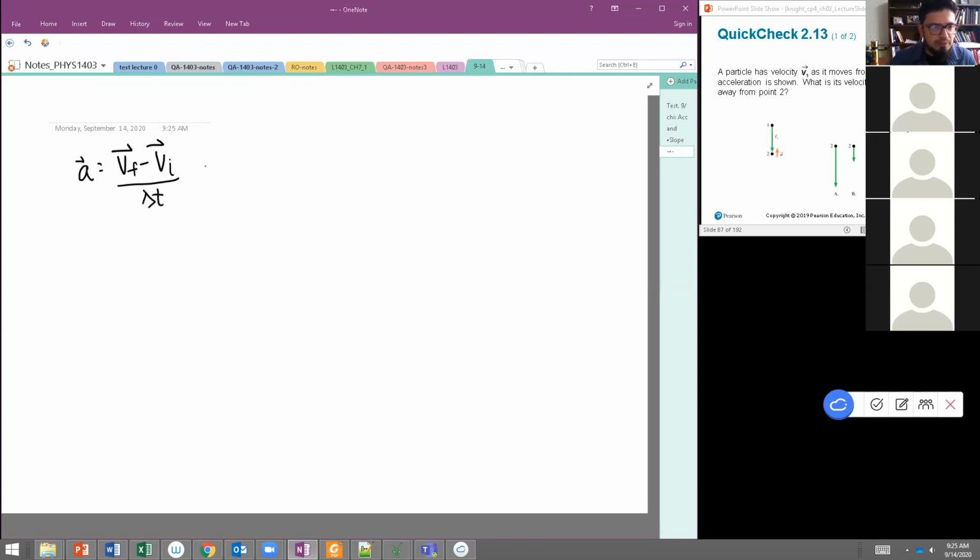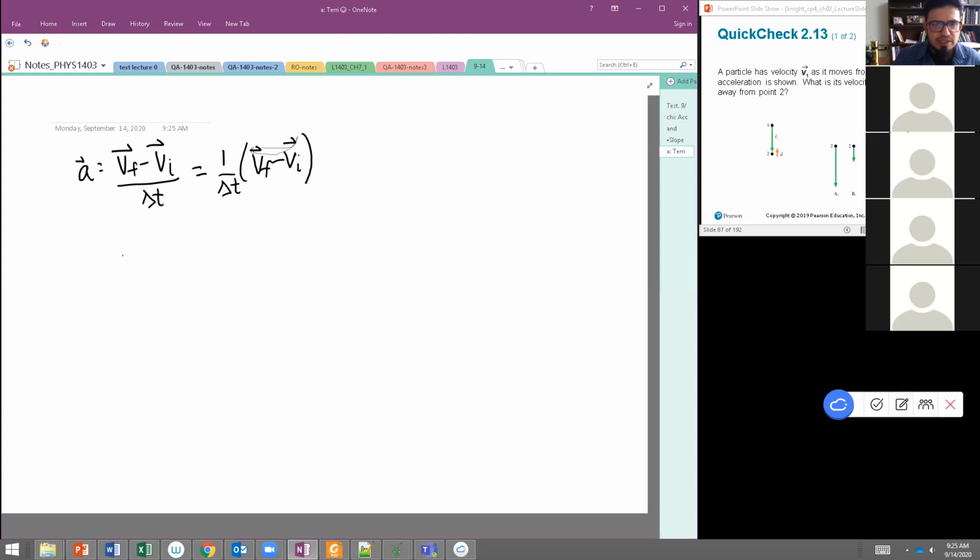That's what we're used to seeing. Well, at the same time, you can think about this in many different ways. You can think of that delta t as just being a factor that you're multiplying your vectors by. So really what we're doing at the end of the day is we are just subtracting two vectors to get acceleration, and then we multiply it by this constant of 1 over delta t.